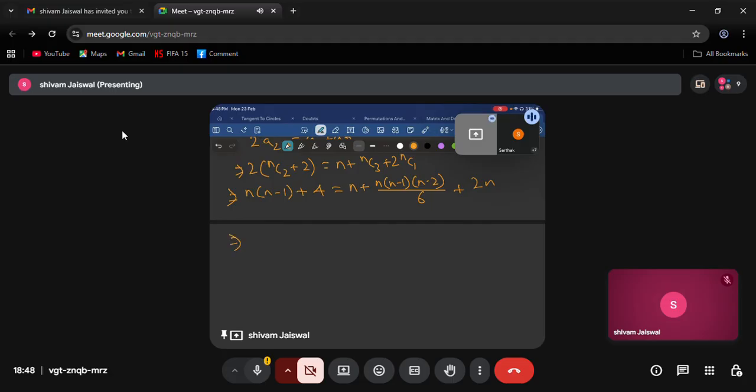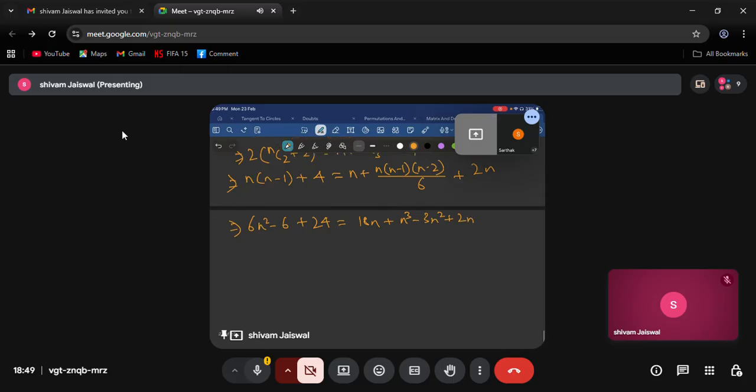Multiplying by 6, we get 6n square minus 6n plus 24 is equal to 18n plus n into n minus 1 into n minus 2, that is n cube minus 3n square plus 2n.